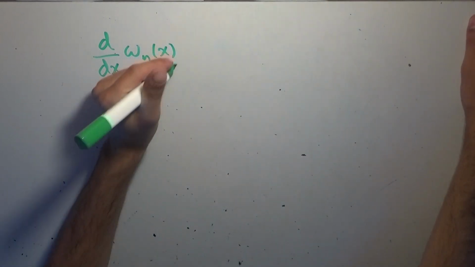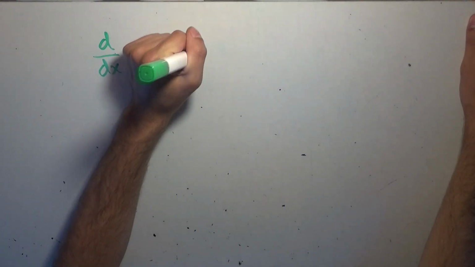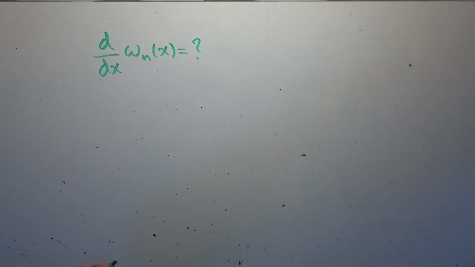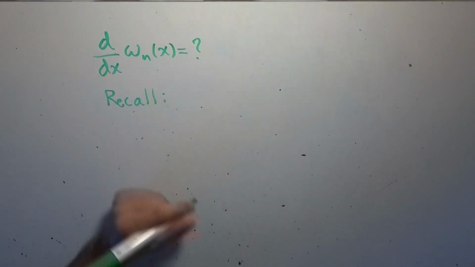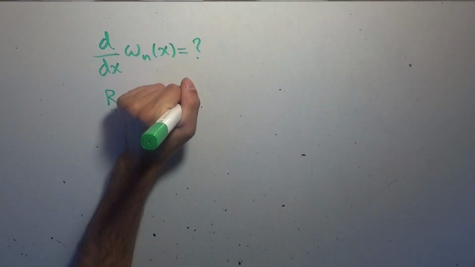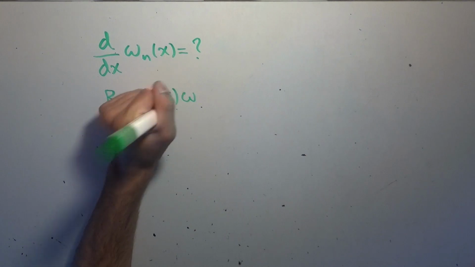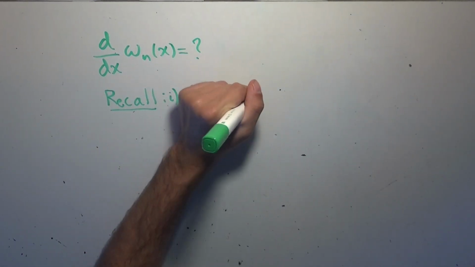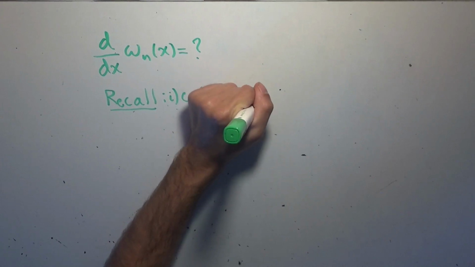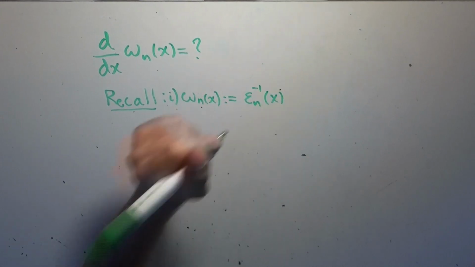But you might recall, so we'll say, what is this? We don't know. Put a little question mark next to it. But we might recall two facts. The first fact, or one I'll call it, is that the nth omega function is by definition the inverse of the nth epsilon function.